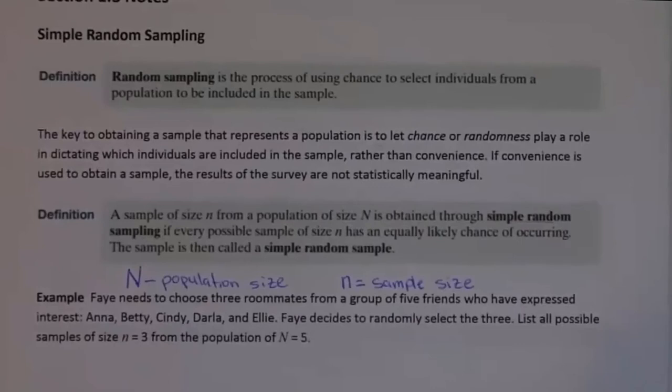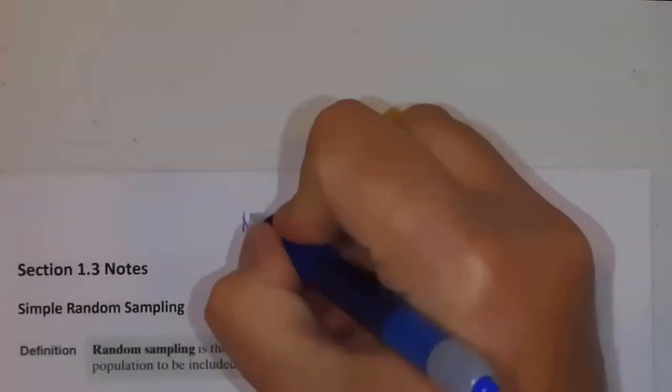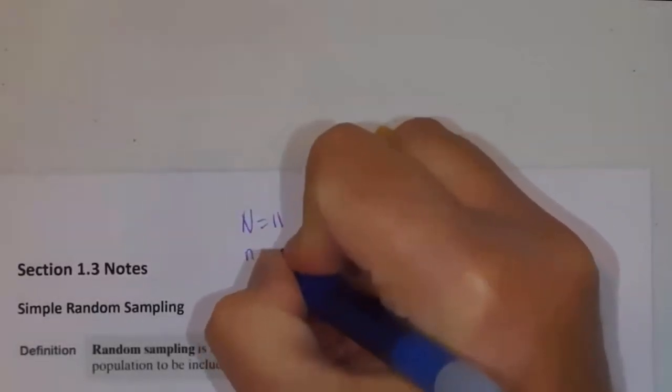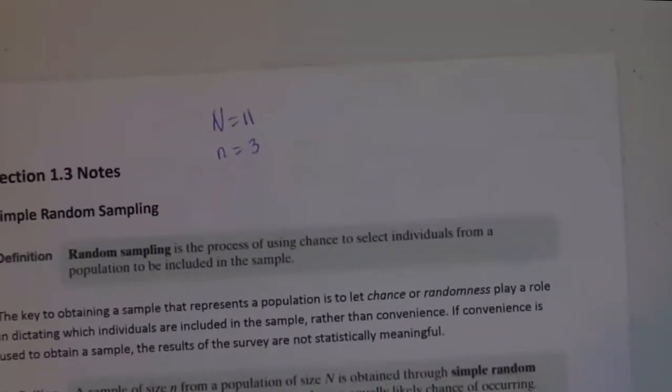Well, use our example. For our example, I'm going to write up here at the top, capital N equals 11 and lowercase n equals 3. So how many different samples would be possible? How many samples of size 3 would be possible? Now, I will show you how to figure this out later on, but there would be 165 different samples that are possible.